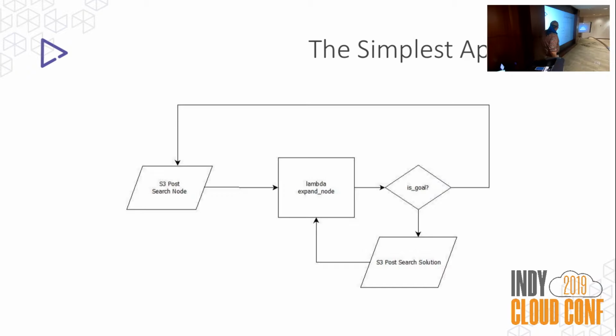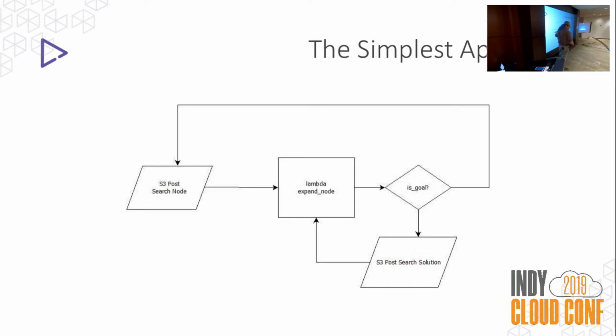So the simplest approach to distributed heuristic search looks something like this. We talked about search states and applying actions to search states. That is a thing in search that we call an expansion: taking a state and generating all of the places you can reach from that state. That's the fundamental unit of work of heuristic search. So you might do something like this.